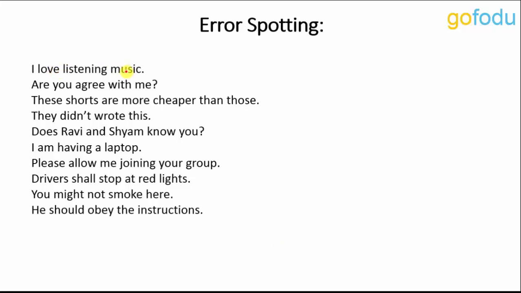What's the error here? It should be: I love listening to music. Whenever there is music or books and wherever there is a gerund, see, listening is a gerund, so it will be to music.